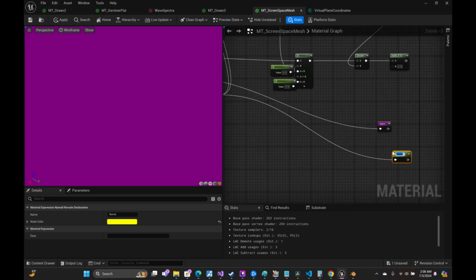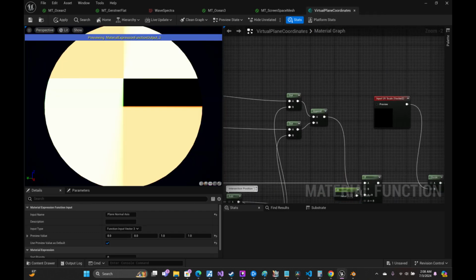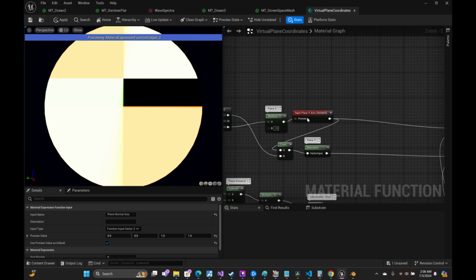Named reroute, CW pause. Alright, and then what am I missing from this dot here? Dot with input plane x axis.